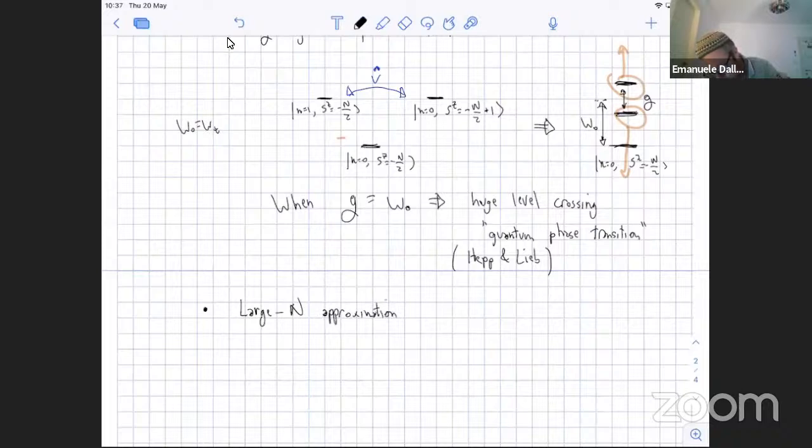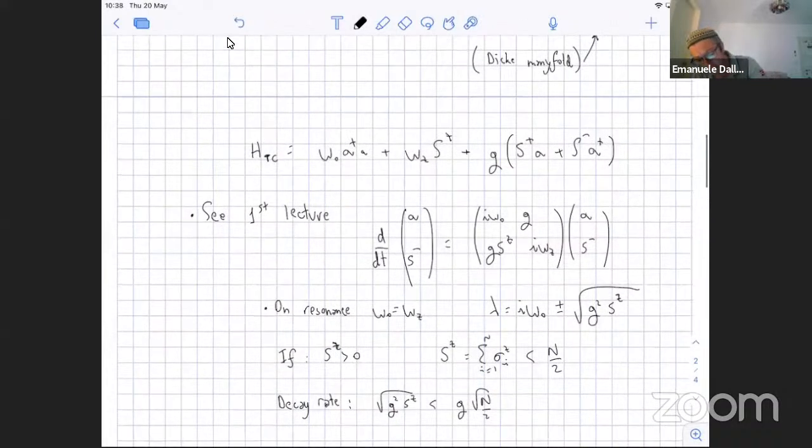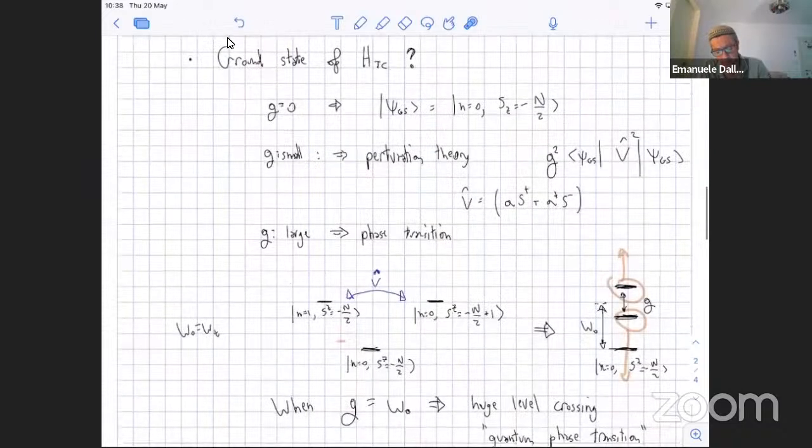So what I want to do now is derive the large N approximation of the Tavis-Cummings Hamiltonian in the ground state. We have this Hamiltonian, the Tavis-Cummings Hamiltonian, and I want to solve it using a large N approximation.